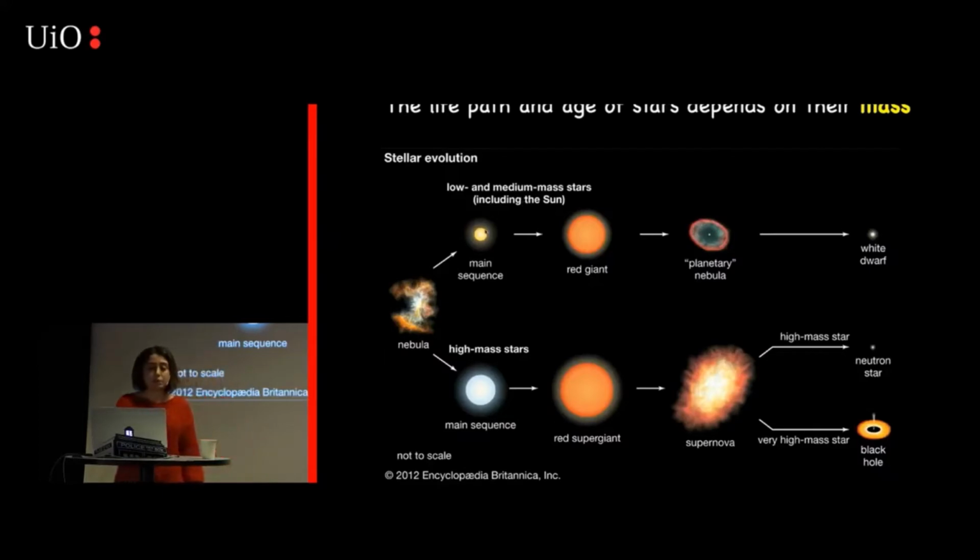After the main sequence, the star will enter the red giant phase, which is a pretty unstable and short phase of evolution. And eventually it will start to lose its mass and create this pretty planetary nebula. Over time, this layer of gas and dust will be expelled into space, and this leaves behind a white dwarf.